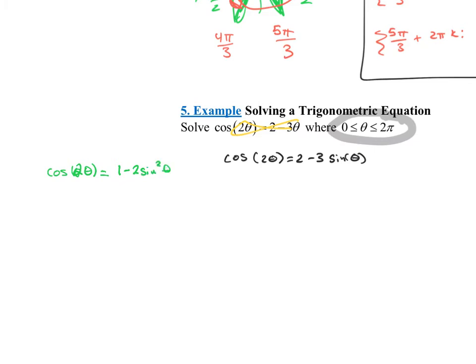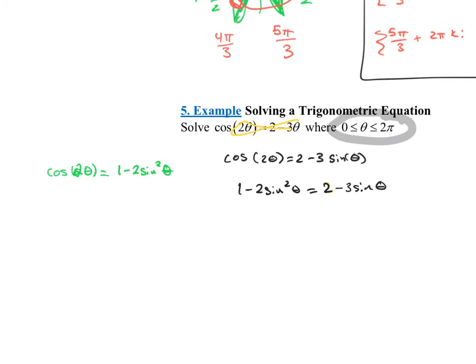And how did I know to use that one? Again, because the right side of this equation had sines in it. So when I go back and look at cosine of 2 theta, I really know that that's 1 minus 2 sine squared of theta. And on the right hand side again we have 2 minus 3 sine theta.